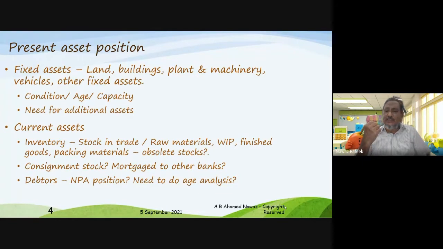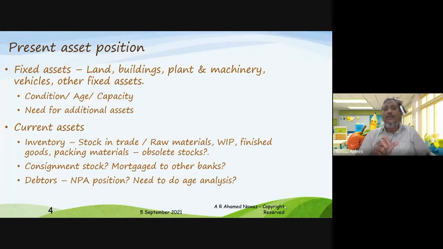What are consignment stocks? Somebody gives some stock inventory to sell and give the money back after selling. So goods are kept in their premises, but those stocks do not belong to the customer. These stocks have to be segregated from the stock list.